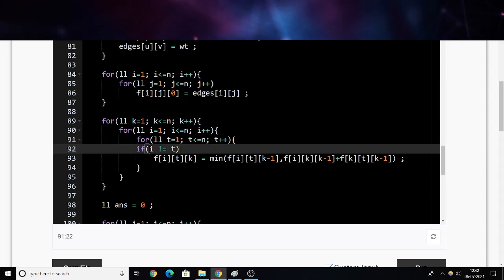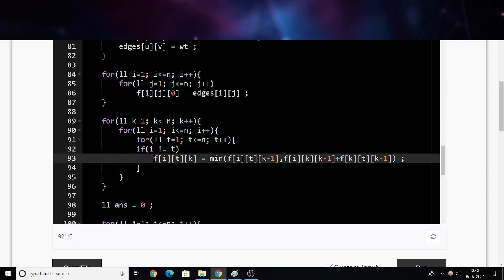You are moving from city i to city t, and if i and t are the same, then it doesn't make sense. You are not going to move from the same city to itself. So it is important to write here, because we don't want some impossible state to have some finite value, otherwise we'll get a wrong answer. This is the same transition that I just wrote.